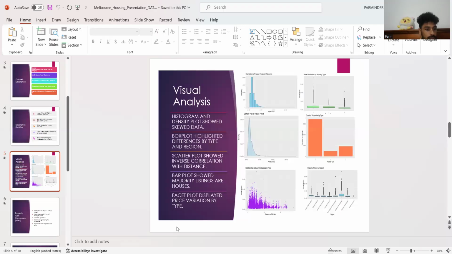Box plots were created to analyze price distribution across property types and regions. Bar plots show that detached houses dominated the market. Additionally, scatter plots were used to investigate the relationship between price and distance to the CBD, revealing a visible negative correlation.